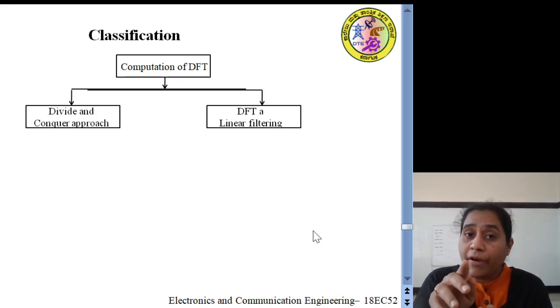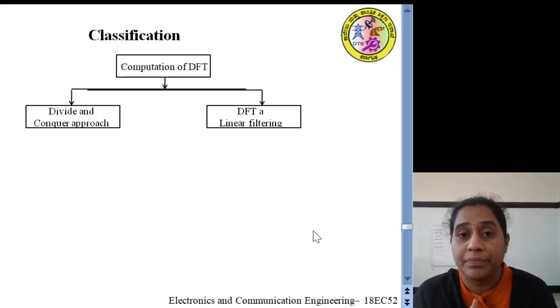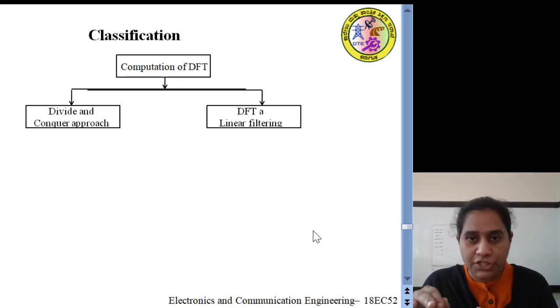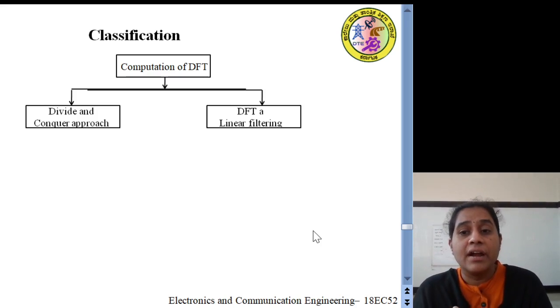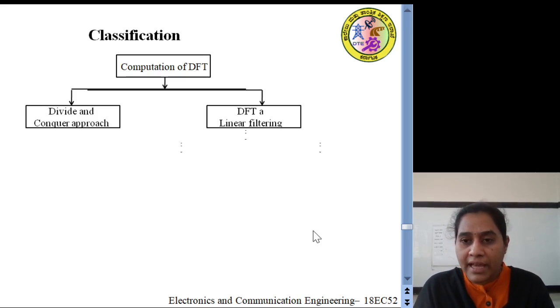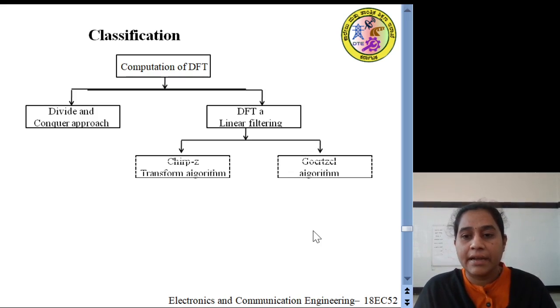In that case, finding the 8-point DFT for all the values is a waste of time and consumes more machine cycles. So in such situations, we go for DFT as a linear filtering. Here there are two methods in case of DFT as a linear filtering.